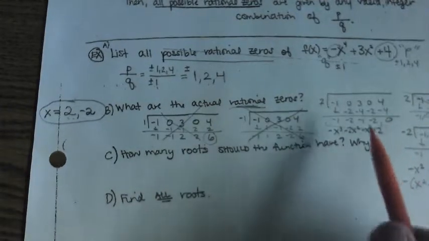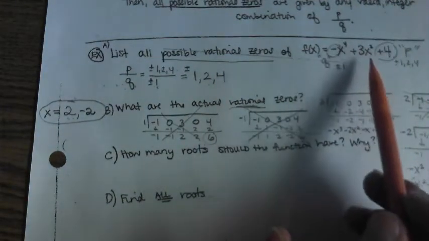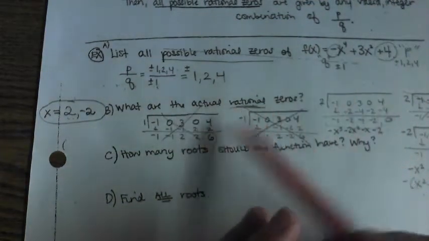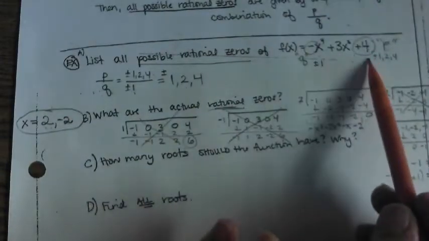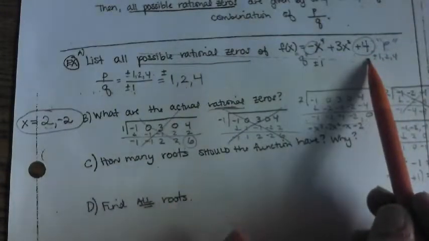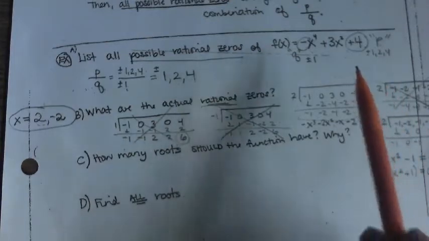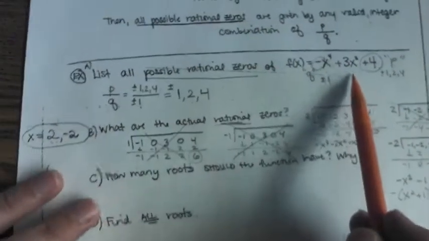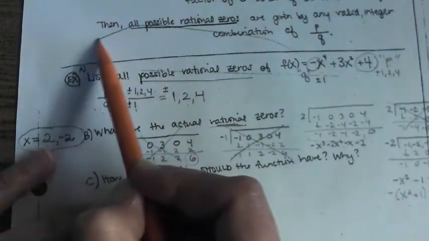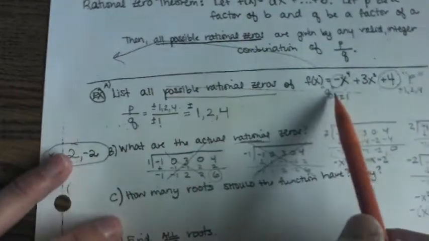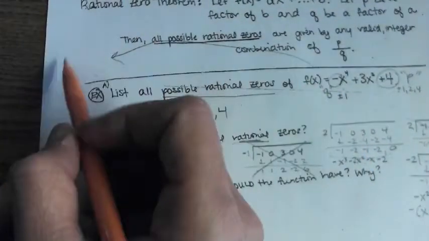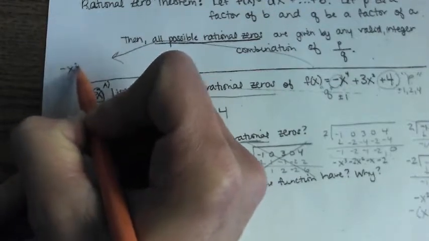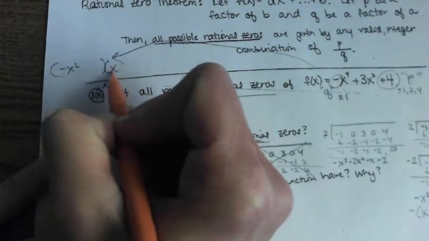Now, I started with a fairly easy example. This is not the most efficient way to do this problem as far as coming up with the actual rational zeros, because I believe this would have been factorable by hand, right? Negative x to the 4th. I would have done negative x squared and positive x squared.